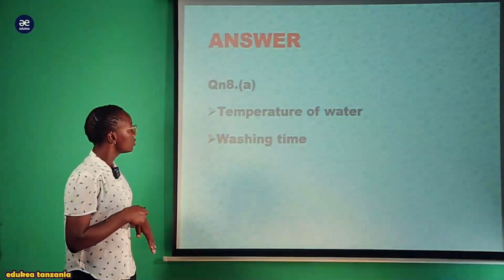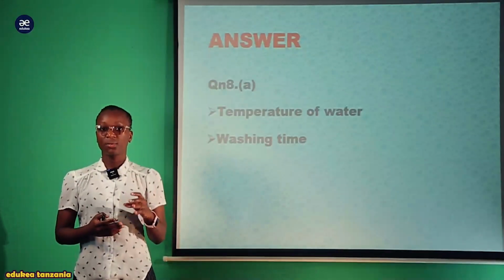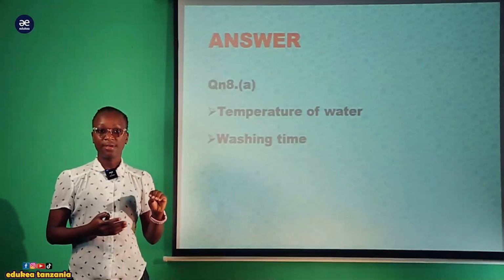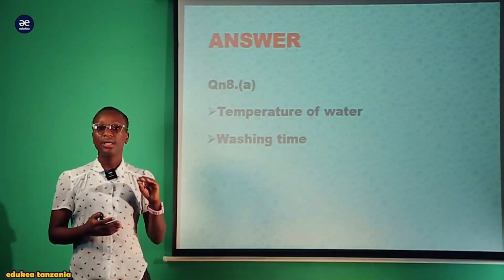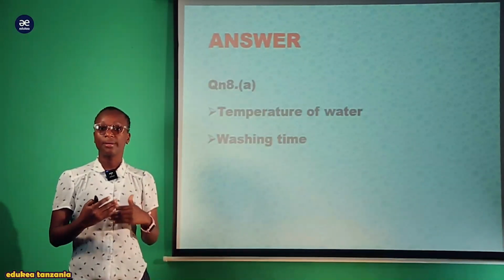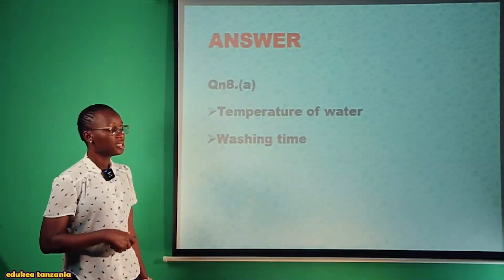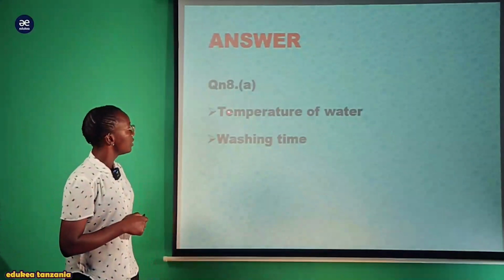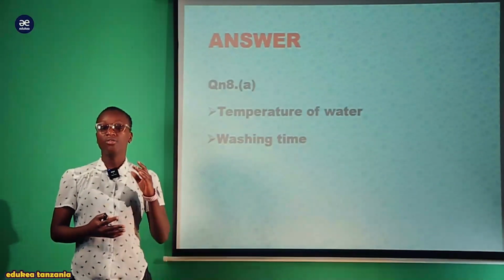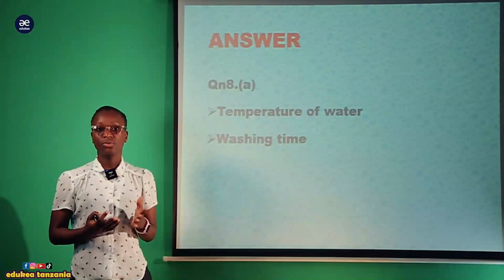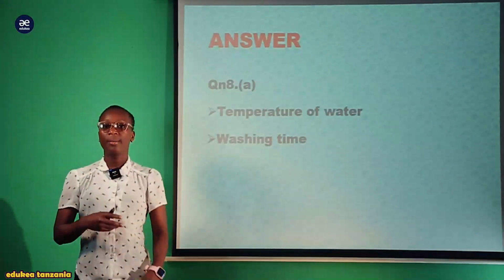Sasa tutakuwa to suggest factors ambazo hizo factors zitakuwa zina relate na ile given table au zile given data, and these factors it should ensure that the data given zina remain meaningful, zinaendelea kuwa na maana sahihi. Therefore the factors here suggested, it might be the temperature of water, kwamba temperature of water pia inaweza kupelekea ile formation ya leather between the reaction ya water na soap, but also washing time, muda ambao ulitumika.